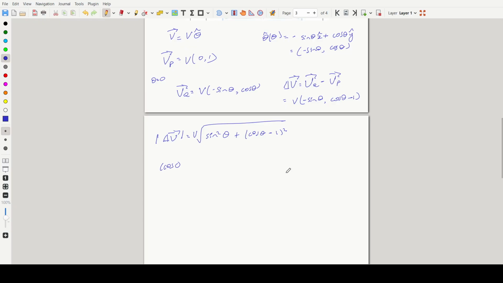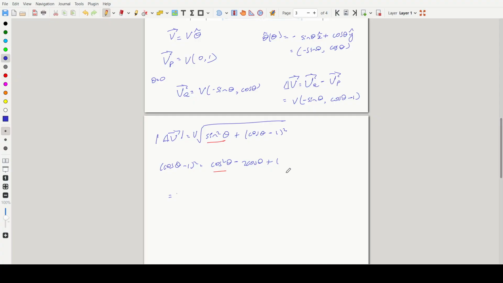So cos theta minus 1 the whole square is cos square theta minus 2 cos theta plus 1, right? And you'll observe that this and this add up.